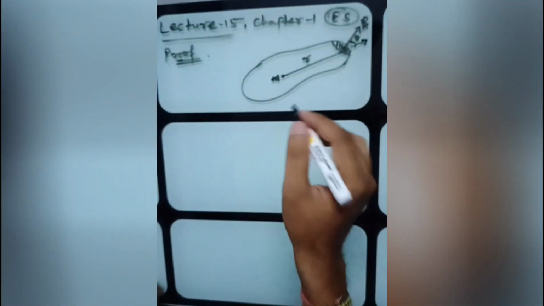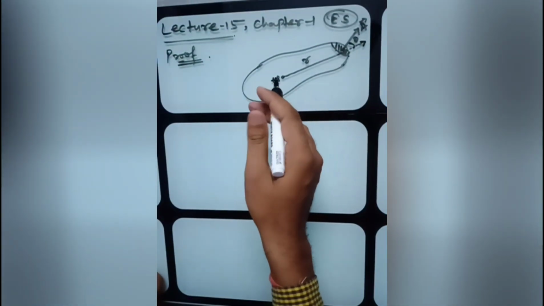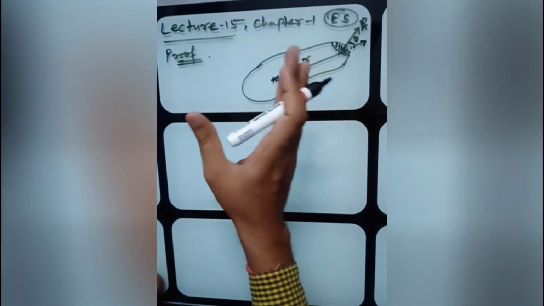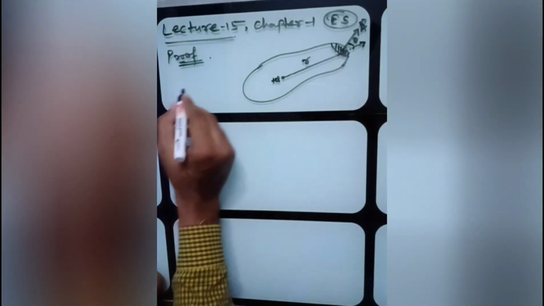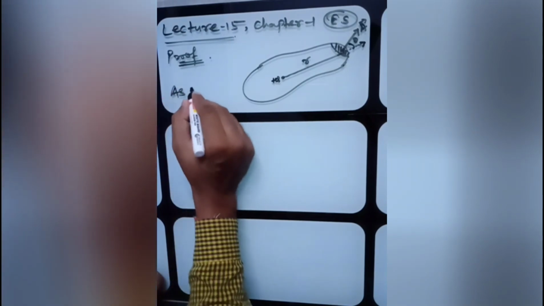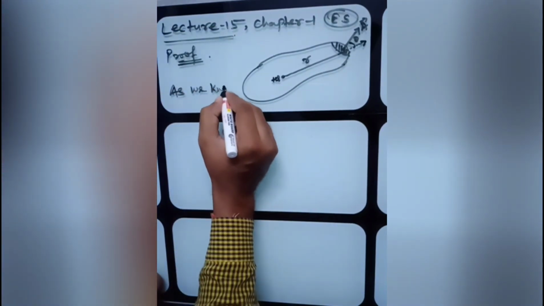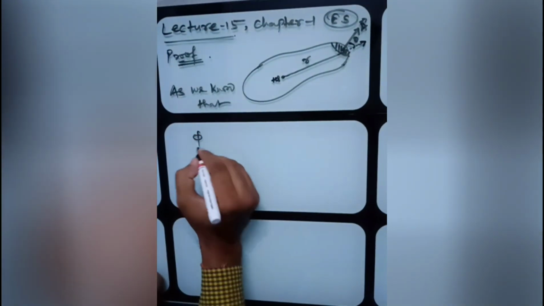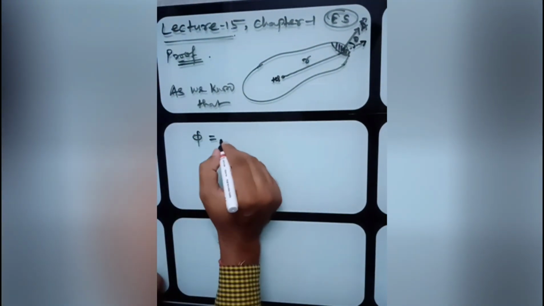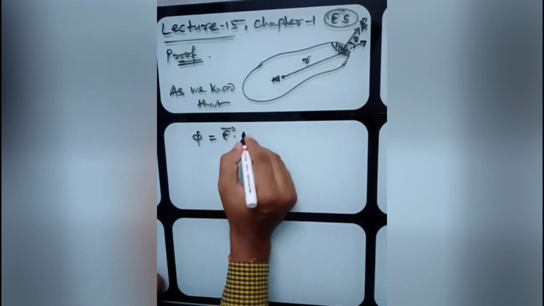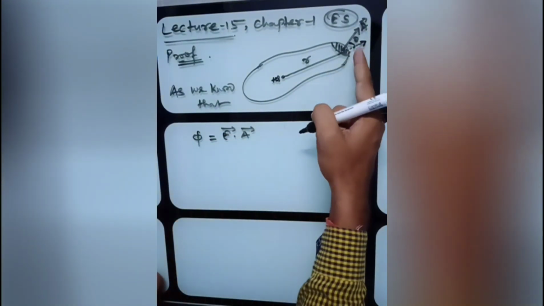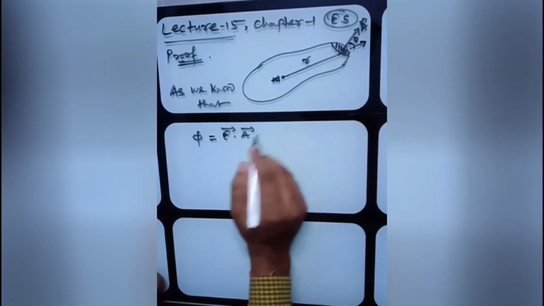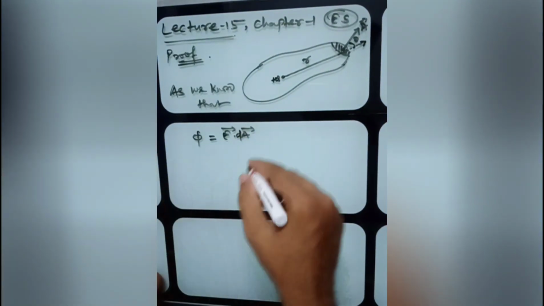Now, using the concept of flux, as we know, the flux can be written as E dot A. Phi equals E dot A. For this elemental surface, we can write dA also. Nothing very difficult.